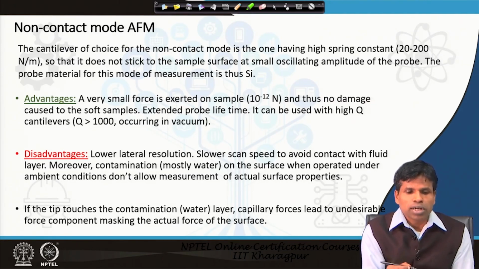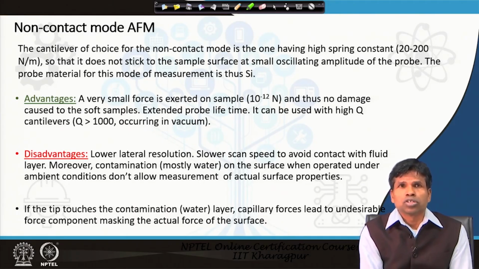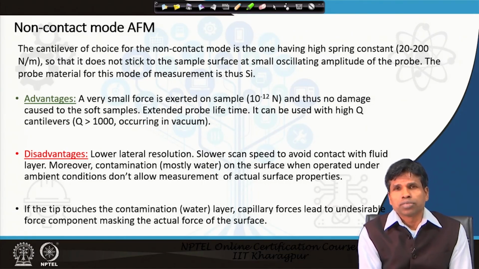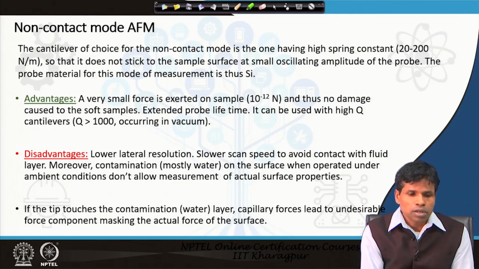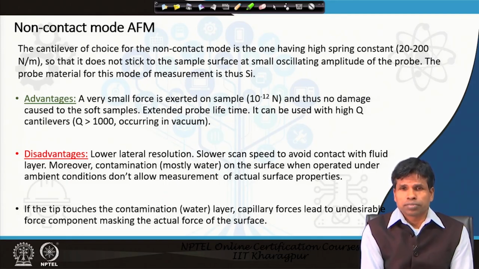In order to avoid the probe sticking to the sample surface because of the small amplitude, a high spring constant cantilever should be used, and a silicon probe is most suitable for this, because a silicon probe has a higher resonance frequency. And the advantage of this mode is that a small force is exerted on the sample surface.